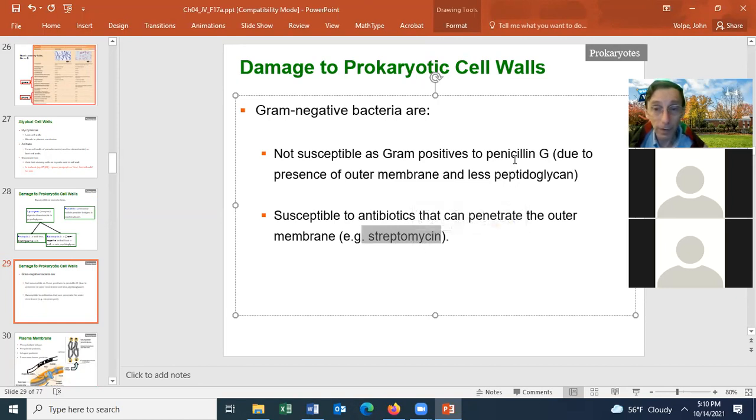And furthermore, ampicillin, which was, I think, the third antibiotic in the penicillin family that was discovered, works on both gram-negatives and gram-positives. So you can take ampicillin against a gram-negative infection, but you cannot take penicillin G against a gram-negative infection. Any question about any of that?